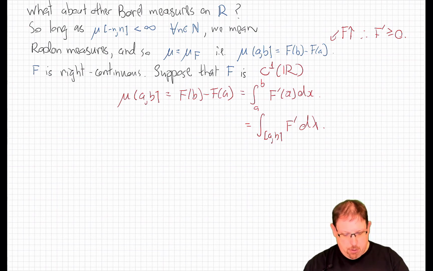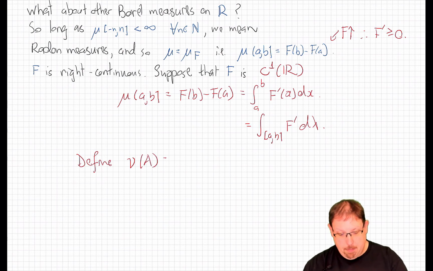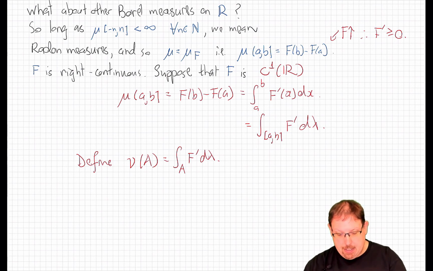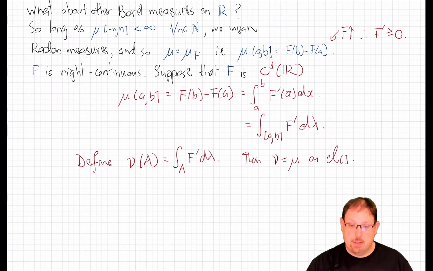So let's check it more generally and say, define a new measure, nu, on all Borel sets A by the integral over A of this particular non-negative measurable function f prime against Lebesgue measure. You proved on your homework that this defines a nice measure. Then what we see here is that nu and mu agree on the semi-algebra of half-open intervals.